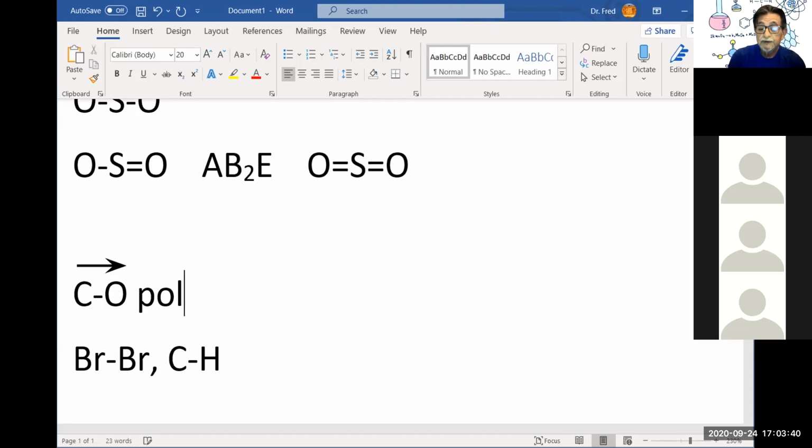This is an example of a polar bond because the electronegativity of oxygen is greater than carbon, and we have a disparity of the electron density, with the bulk of those electrons being pulled toward oxygen. The bottom examples, where the atoms are the same or they're carbon-hydrogen, are what's called a nonpolar bond.